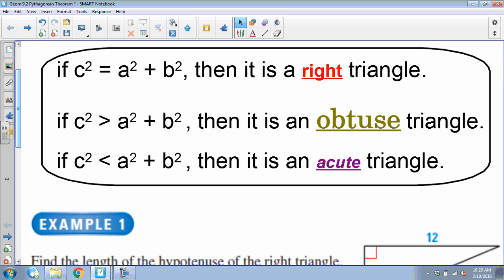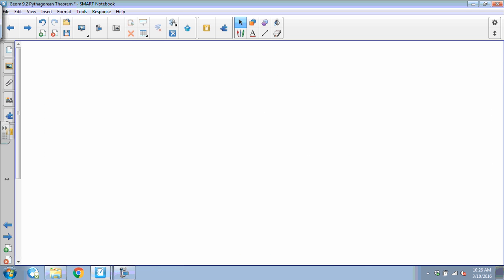Think about it. If you have, let's say, a side that's 24 inches long. Okay, so 24 is the longest side, right? If my other two sides are only 12 and 12, can that make a triangle physically?